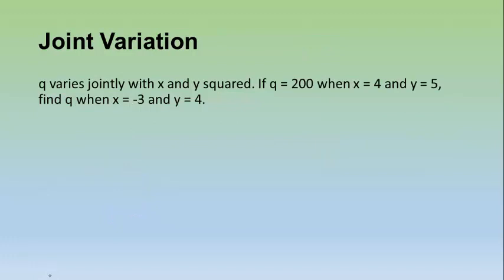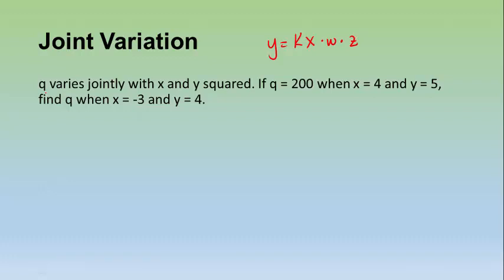This one is called joint variation. Joint variation simply means that we can use multiple strings of variation, often using products, so multiplication. So y equals k times x times w times z times whatever number of variables we're given.